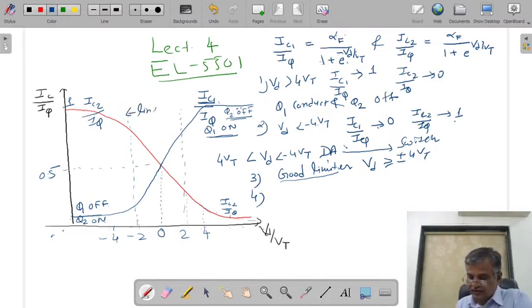This is called the linear region. See, this is your linear. So between these two, the differential amplifier can be used as a linear amplifier. Between these two means your VD is, here I write, 2 Vt.